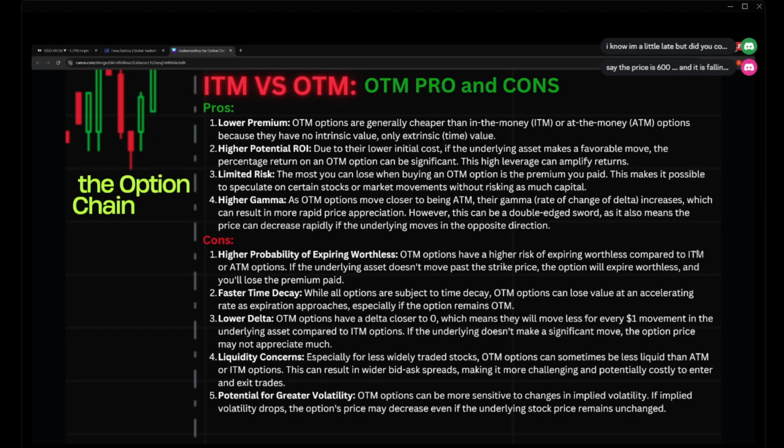Say the price is at 600 and it's falling. It goes to 595. Are you looking at calls at 605 to get them cheaper? That's a great question. So let's talk about that.